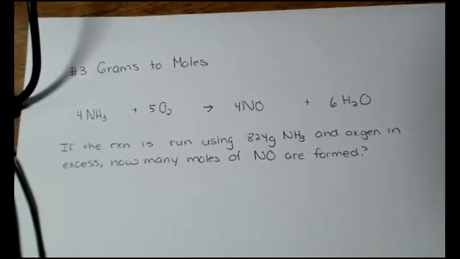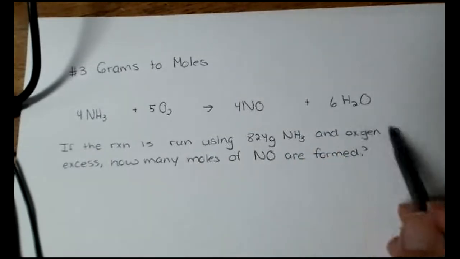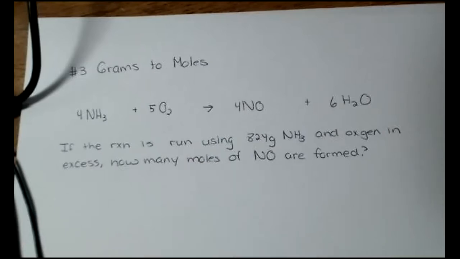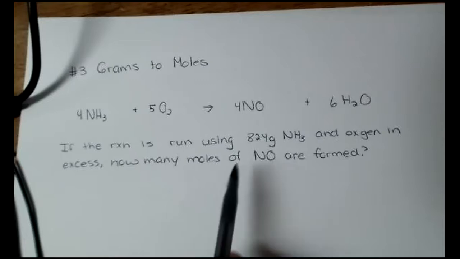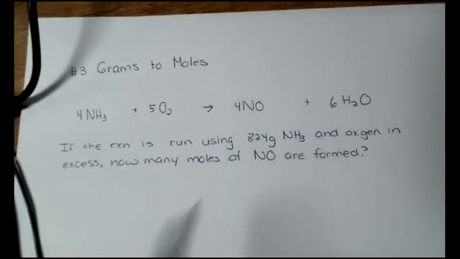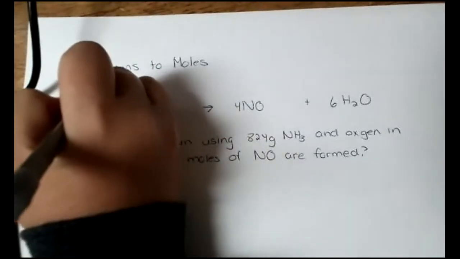Okay, so this is going to be our problem. And once again, this oxygen in excess, like last time, just wait on that. We're going to get to that in a couple more videos, okay? So we're going to start with our given 824 grams of ammonia. So I'm going to go write this up here.